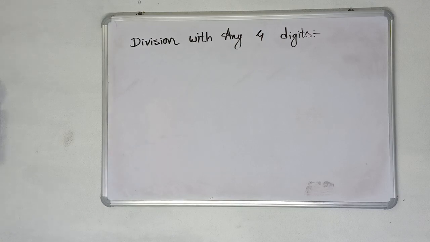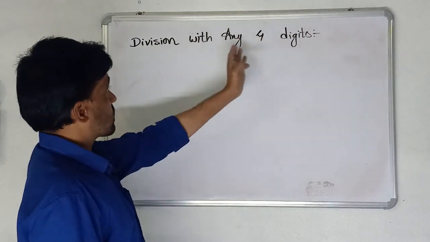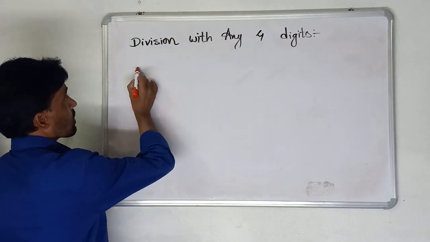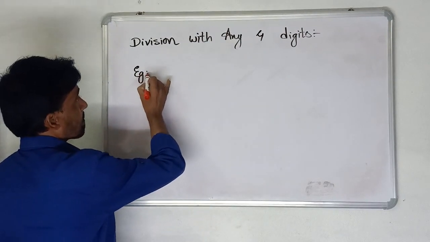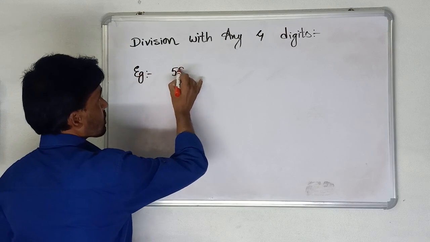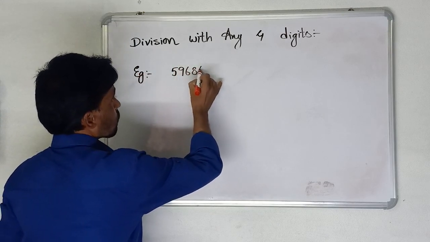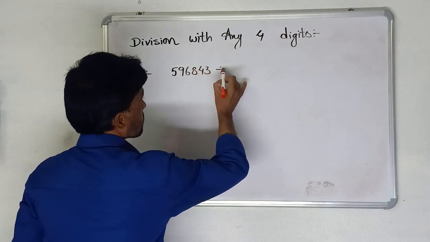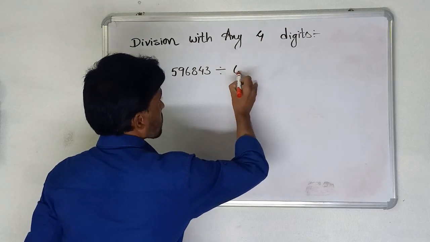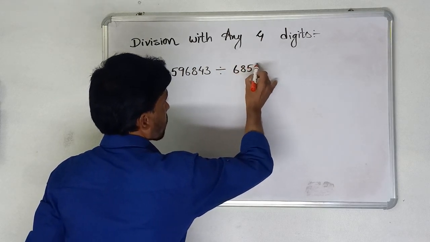Next, one more example of division with 4 digits. Suppose I am giving 596843 divided by 6854.